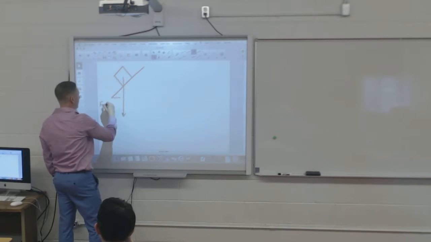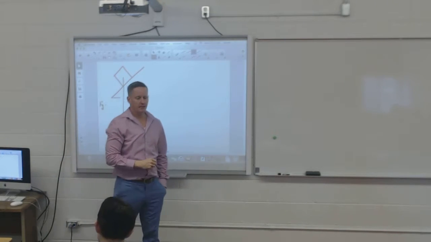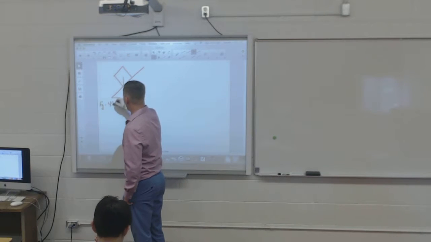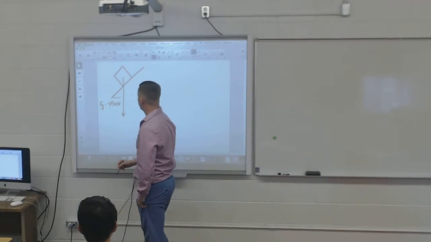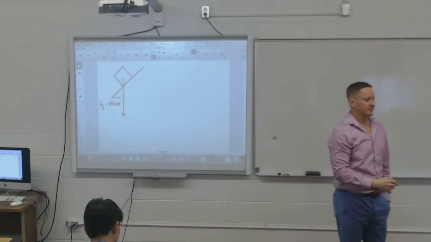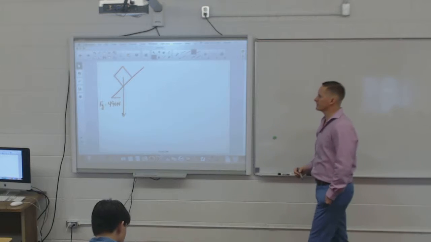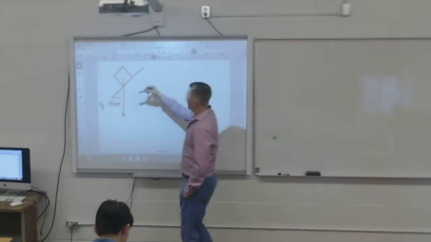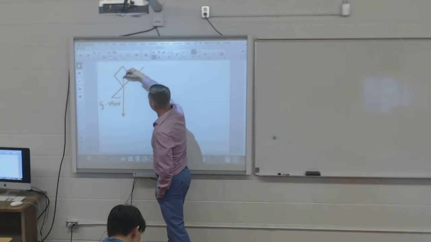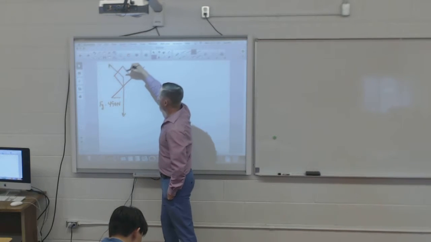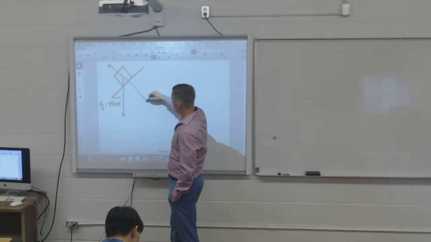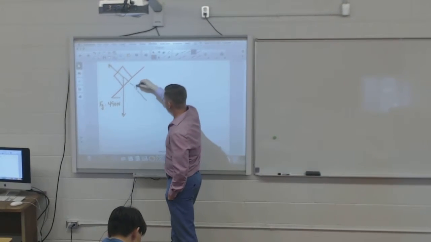And that force of gravity is 50 times 9.8, which is 490 newtons. The normal force makes a right angle with the surface here. It goes up this way, like that. But if I draw it down, it's right there.